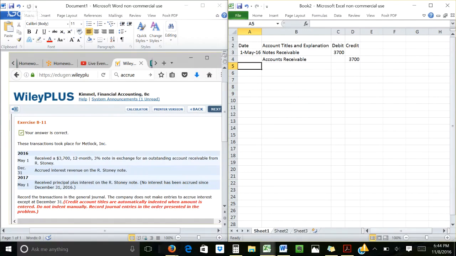At the end here on the left hand of the screen, they give us a note that says the interest does not accrue until the end of the year at December 31st. So that's what we're going to put here, the December 31st transaction.